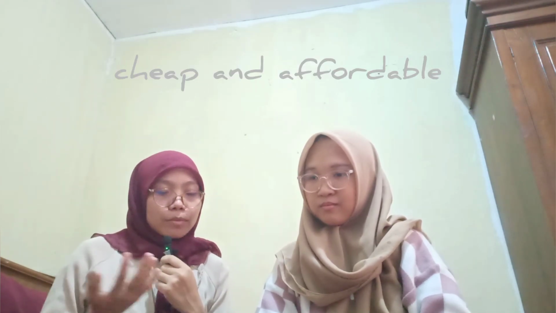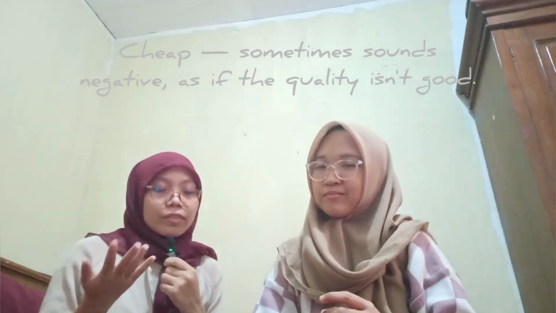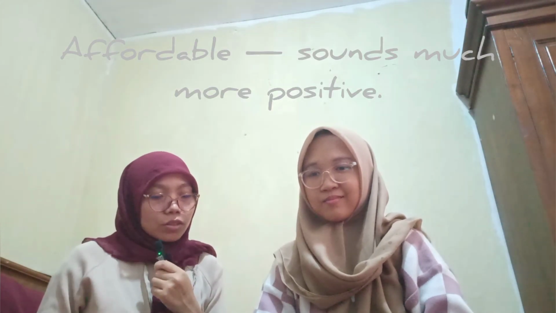Another example is these two words, cheap and affordable. Both mean something that doesn't cost much. However, cheap sometimes sounds negative, as if the quality is not good. Meanwhile, affordable sounds much more positive. So connotation is about the feeling behind the words, not only its literal meaning.